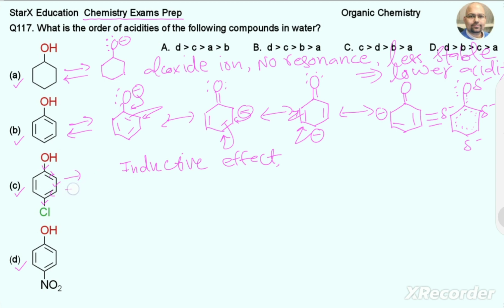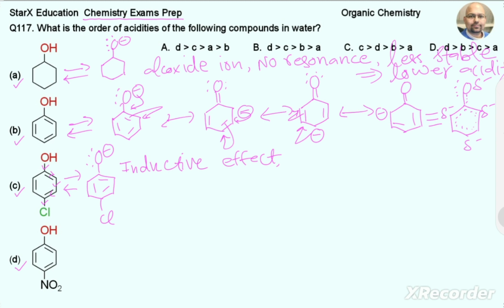So if you draw out the conjugate base of para-chlorophenol, you may see quickly how this is an even more stable conjugate base than the phenoxide ion because of the high electronegativity of chlorine. Chlorine also gives electrons to the ring, but that is through resonance.